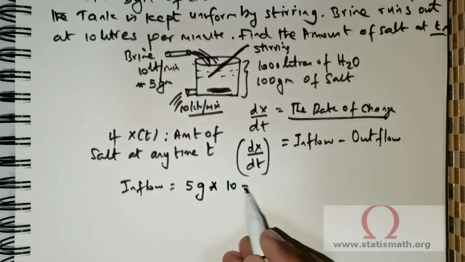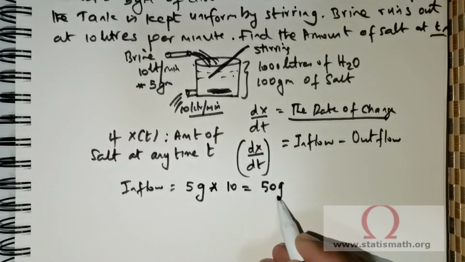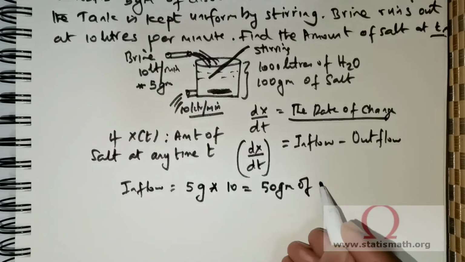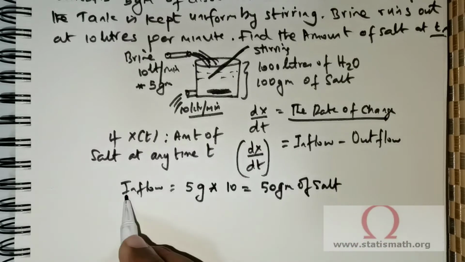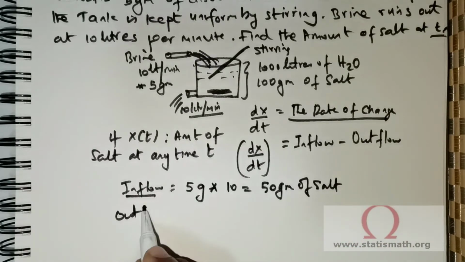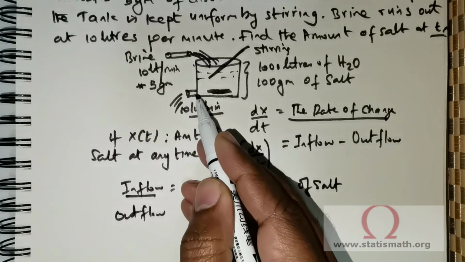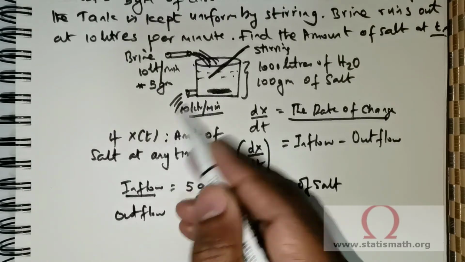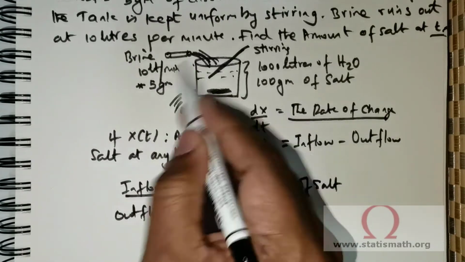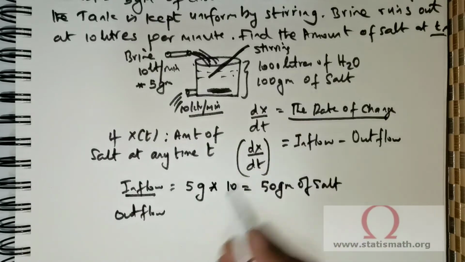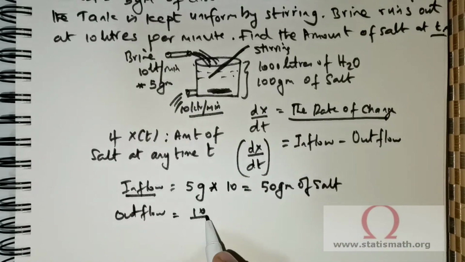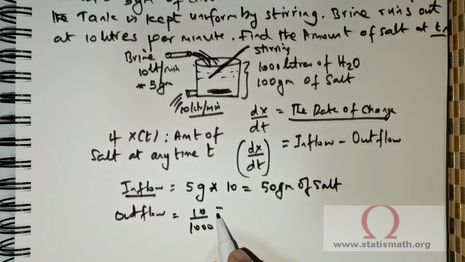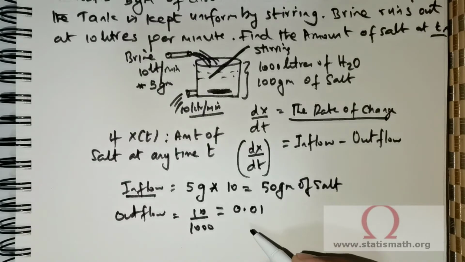So for 10 liters you will have 50 grams of salt. This is your inflow. Now to find the outflow, we know that 10 liters of brine is flowing out. The total content is 1000 liters. So to get the outflow rate, you divide 10 by 1000 and that gives you 0.01.